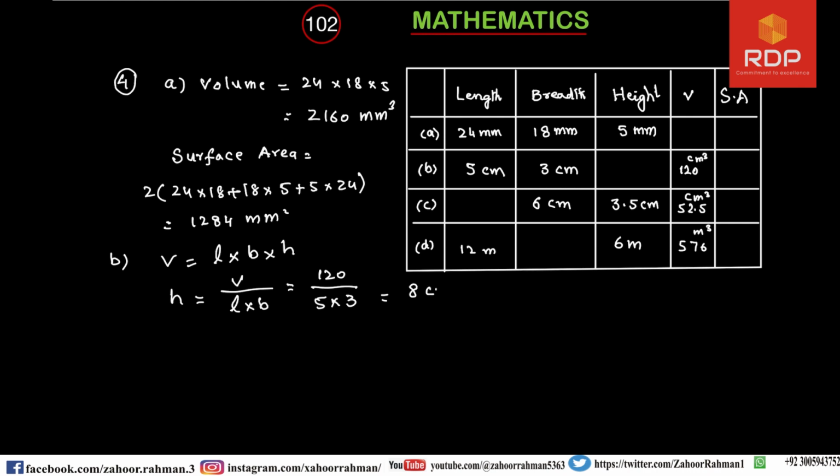So 8 centimeter will be the height. Now we have to find the surface area, and surface area is equal to 2 into 5 into 3 plus 3 into 8 plus 8 into 3, because we found this value of 8 from here.